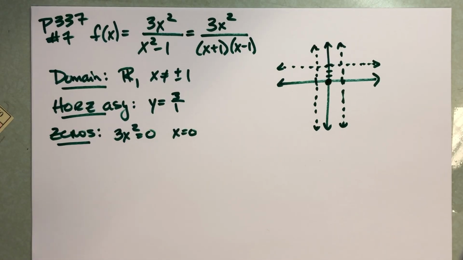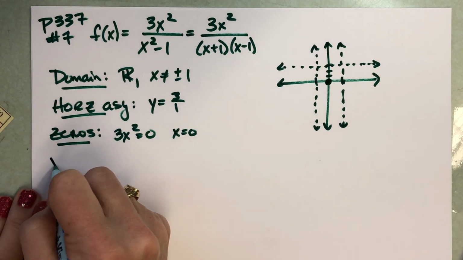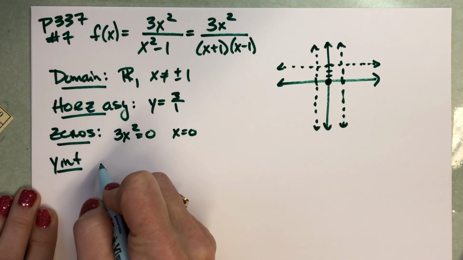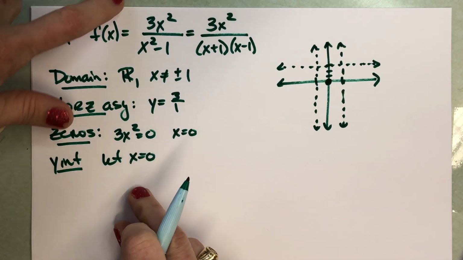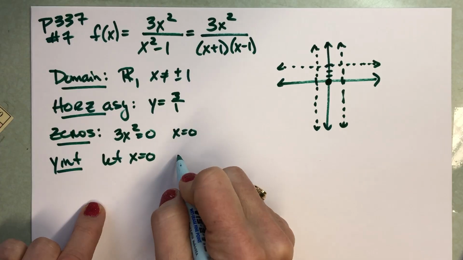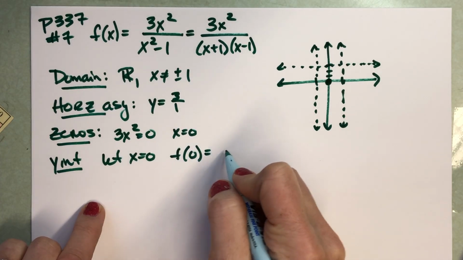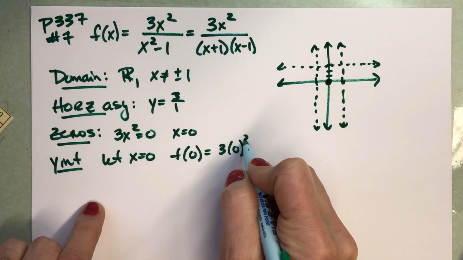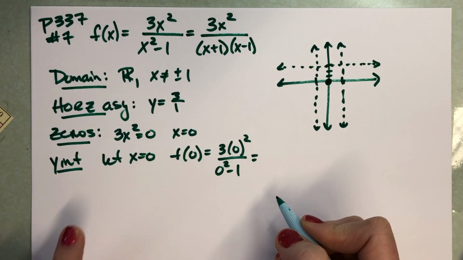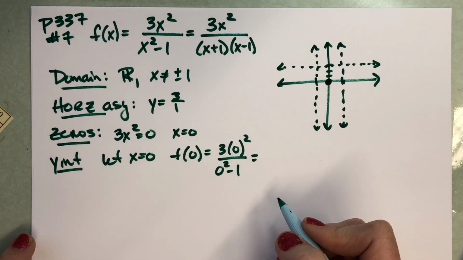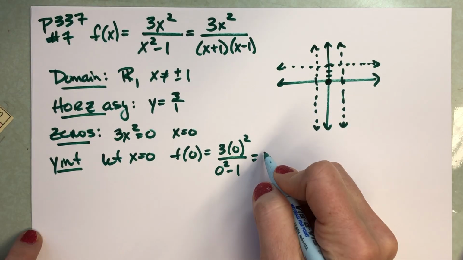What about my y-intercept? Kicking it back old school from what we did before, we're going to let x equal 0 and put that into the function. So f of 0 is equal to 3 times 0 squared over 0 squared minus 1. So 0 times 0, well, it's right there, isn't it?